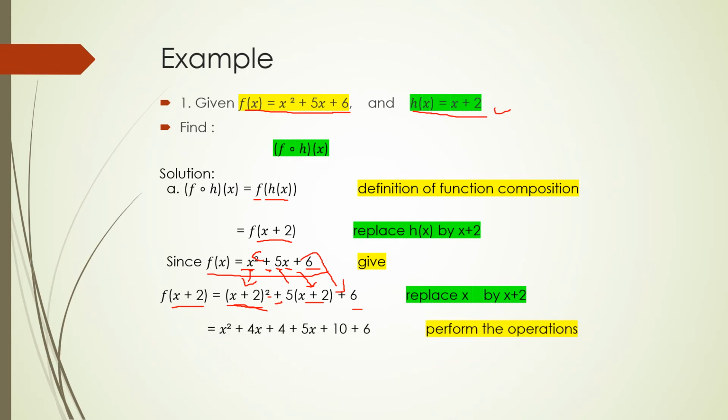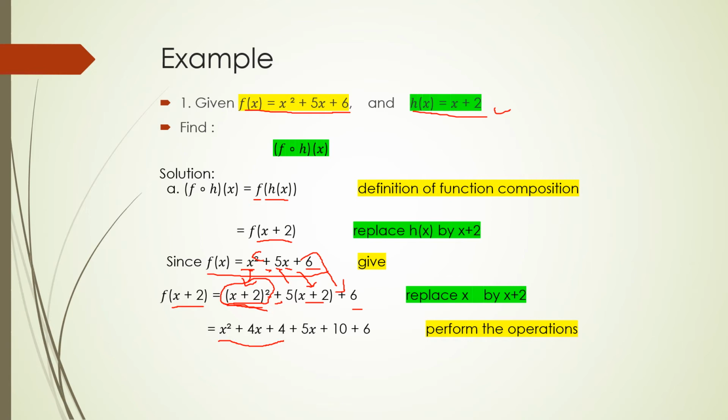Next, we're going to perform the operations. If you still remember the square of a binomial, x plus 2 squared is equal to x squared plus 4x plus 4.